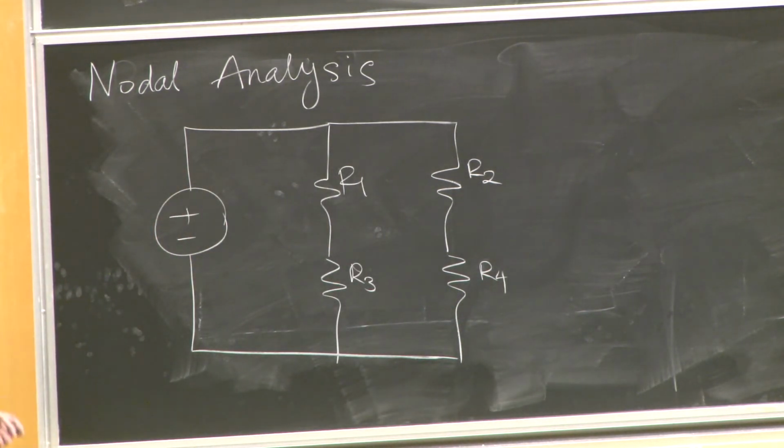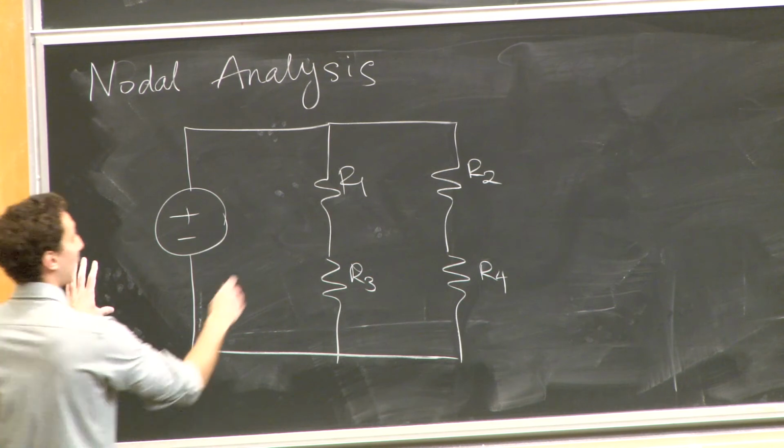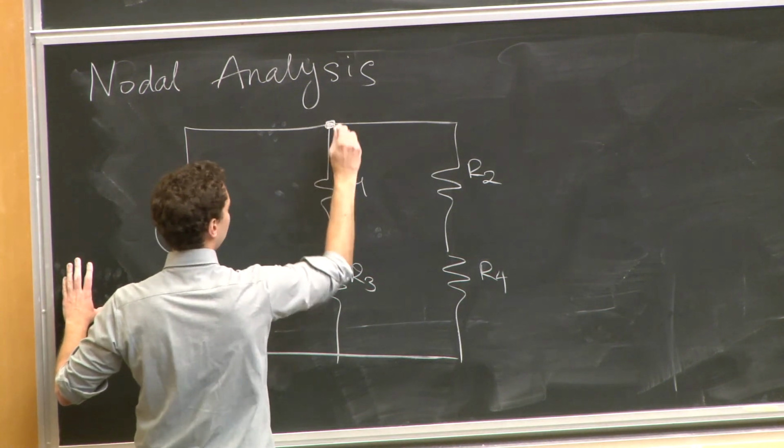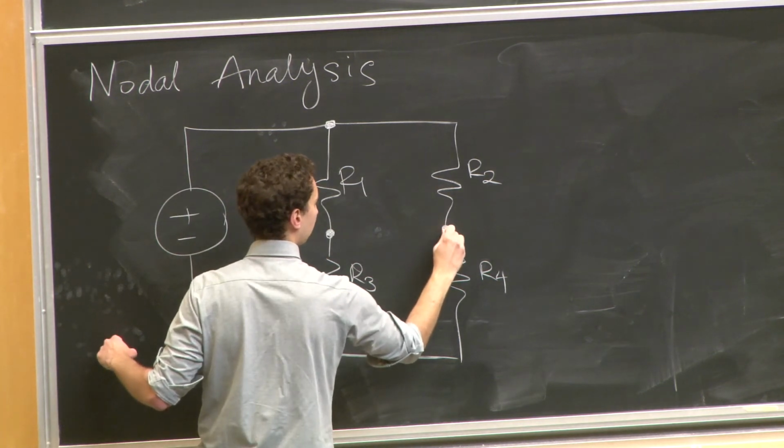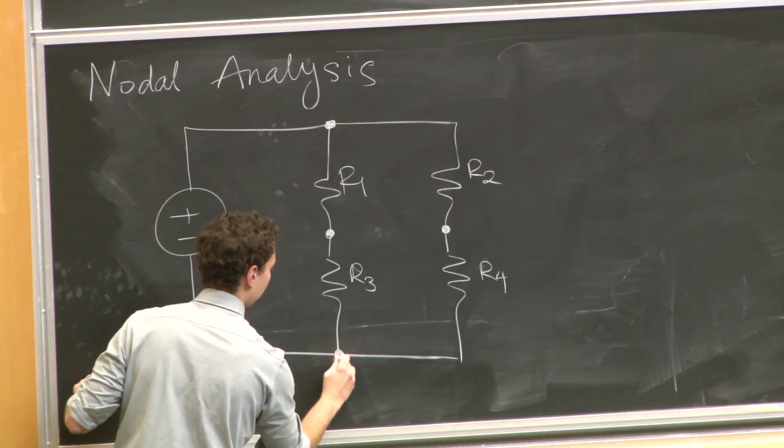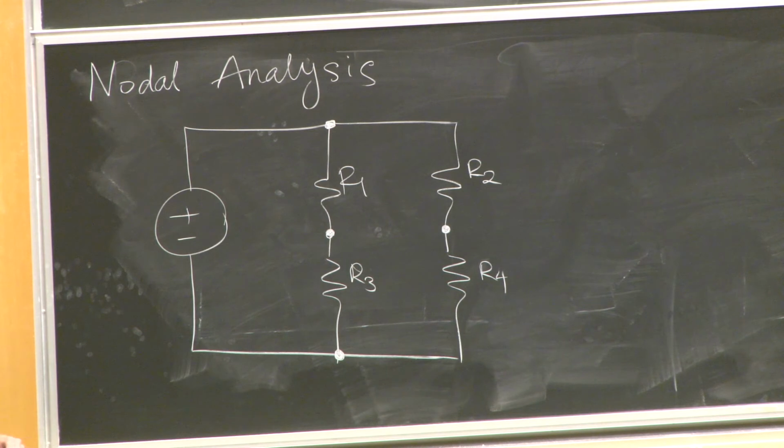Okay, so the first thing that I want to do in nodal analysis is identify all of the nodes. So first off, how many nodes do I have in my circuit? 4 nodes, right? Is that clear to everybody? I'm going to write them out. So we've got this node up here, this node right here, this node here, and this node down here. Cool. So those are the 4 nodes in my circuit.